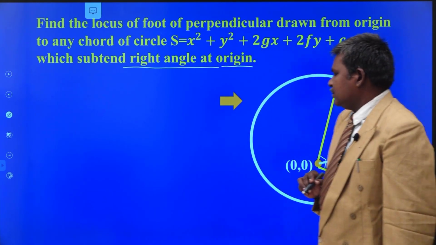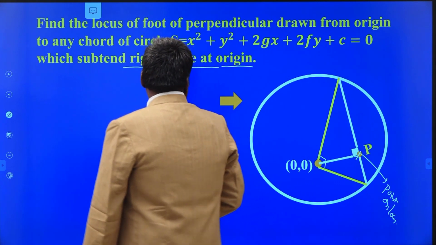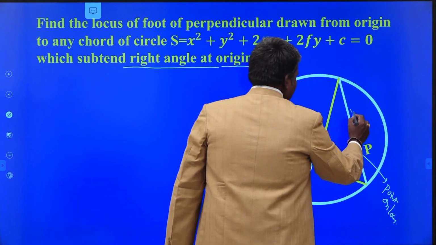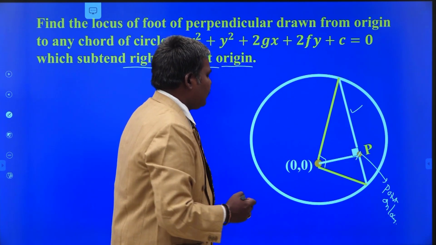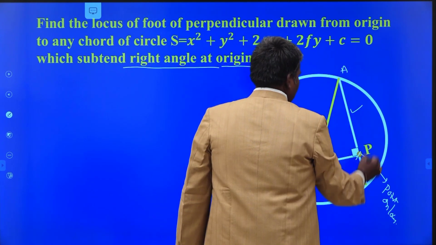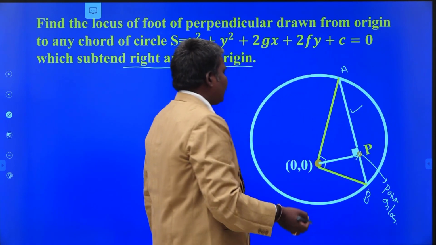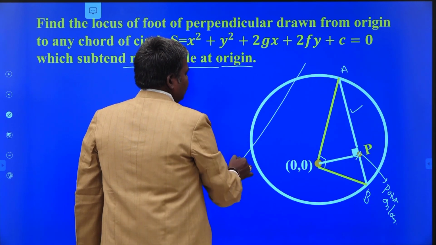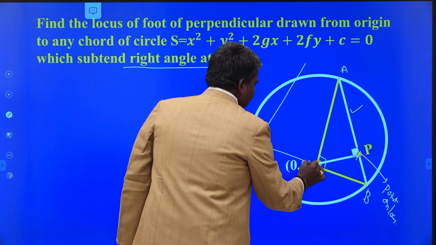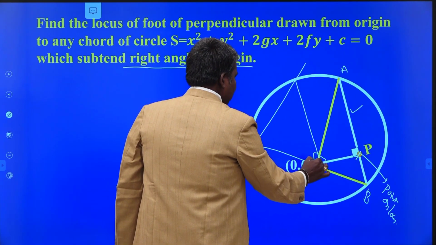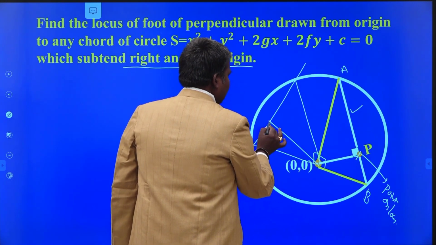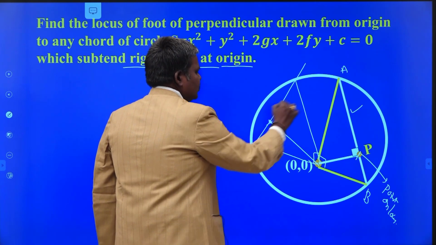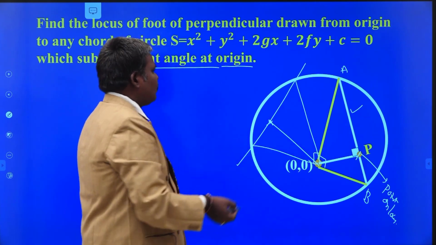How to solve this one? Try to understand. Can I write the equation of chord AB? Suppose my chord is AB, one of the chords. You can draw an infinite number of chords. Suppose this chord subtends an angle of 90 degrees at my origin. You have to draw the foot of the perpendicular from that point to the chord. You collect all such feet, and you get some locus.